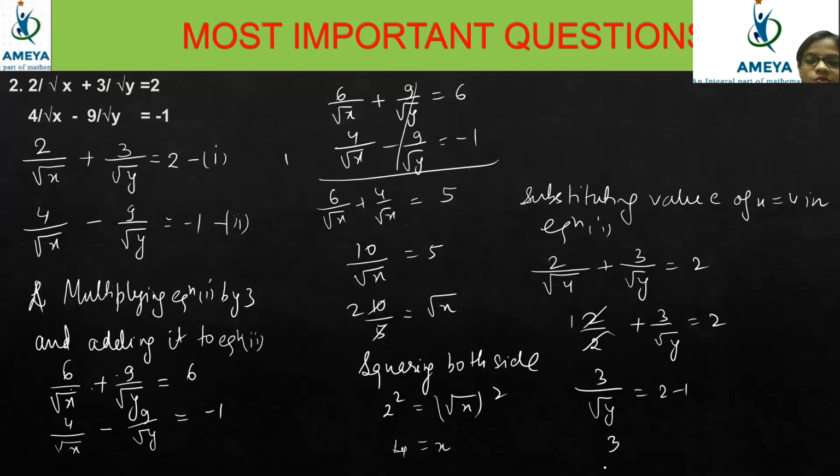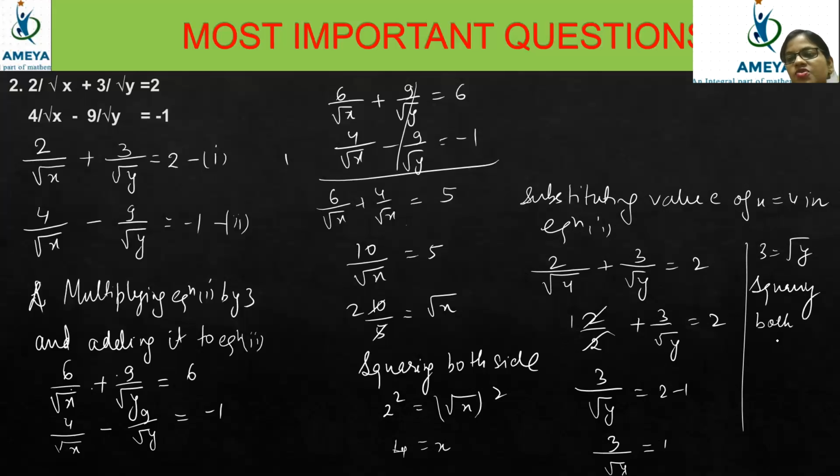So 3 by root under y is equal to 1. So 3 is equal to root under y. So squaring both sides, 3 square is equal to root under y whole square. So 9 will be equal to y. So now you got value of x as 4 and value of y as 9.